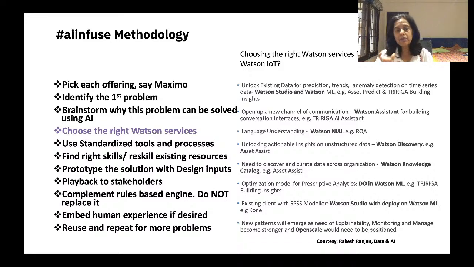And then you prototype the solution, right? You prototype and then play back to stakeholders. The stakeholders are the business people who came out with the AI problem. You have to tell them that this is what this problem will solve for you. If it's a recommendation engine, then you play back and say this is the recommendation.